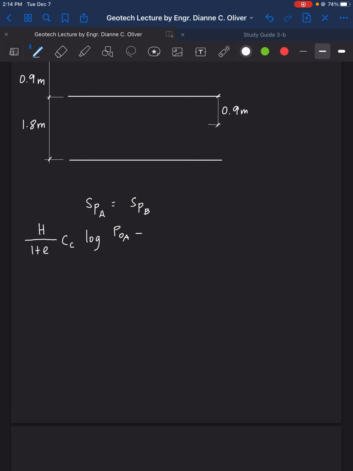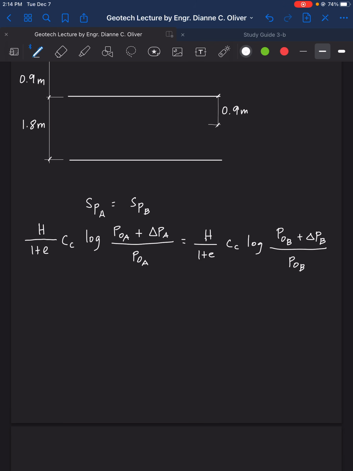So let's decide that later on. Delta PA all over P overburden at A equals H, 1 plus E, CC log of P sub OB plus delta PB all over P sub OB.